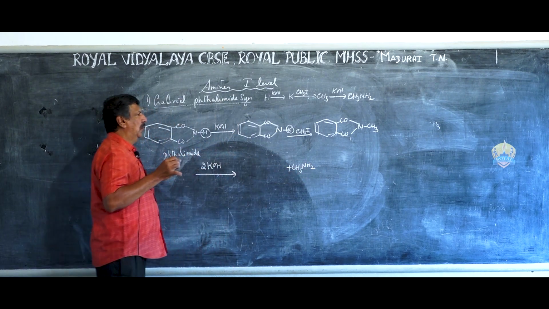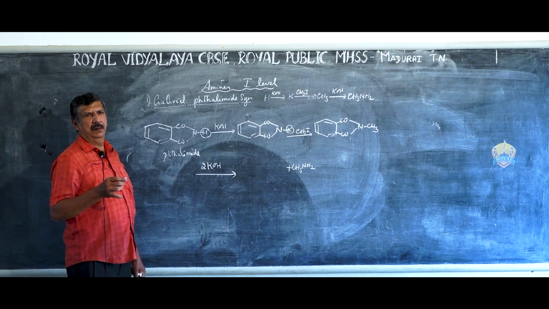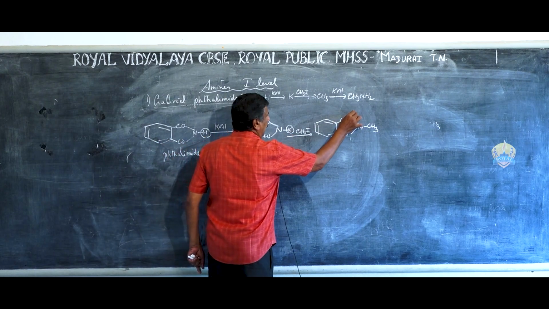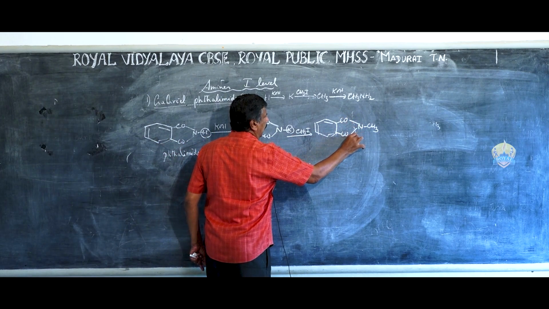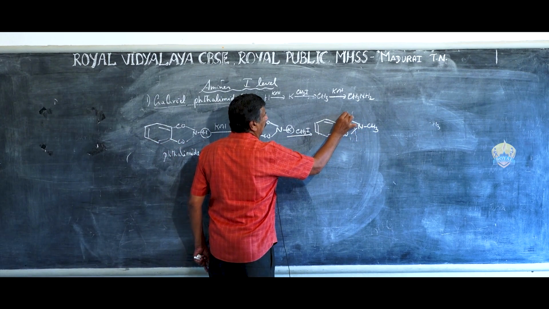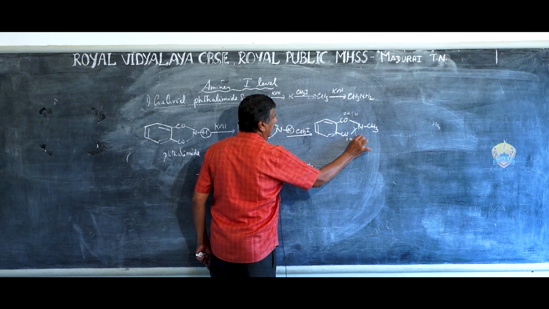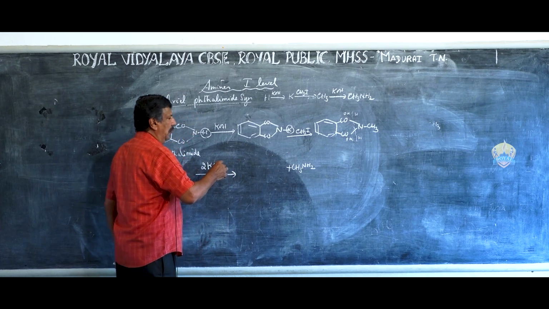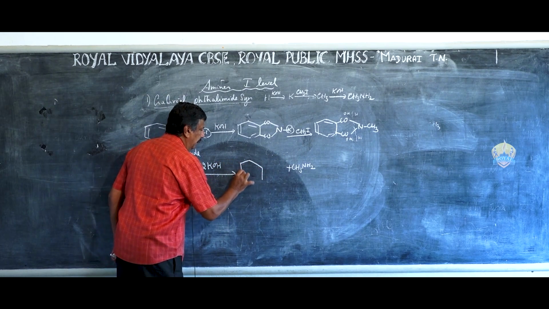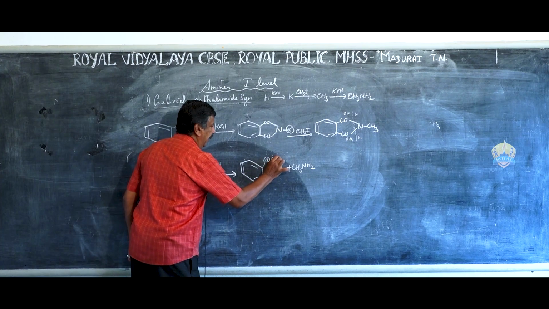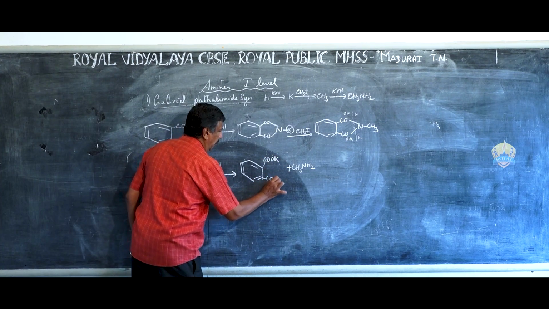But you want to know how you are getting this product. If you want to know, I will tell you. See, here the bond cleavages take place like this. The reaction takes place like this. So, what will be the byproduct? This is the byproduct, COOK, COOK.